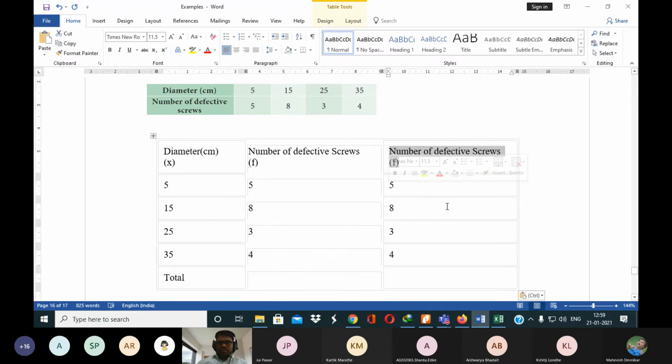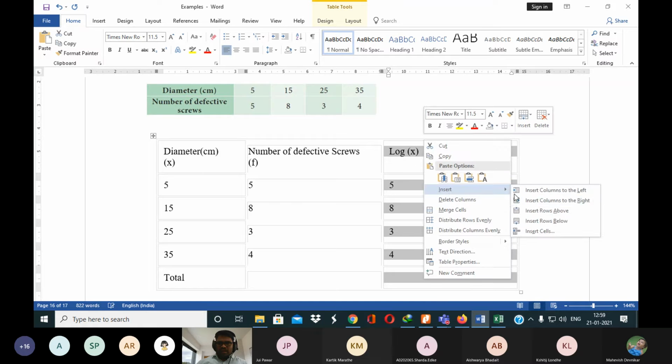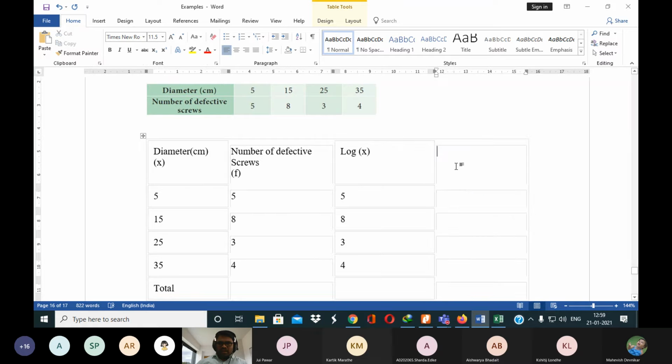Here we need to write the log of x. First you need to find the log of x. After that you need to find f of log x, which means you multiply f with log of x.